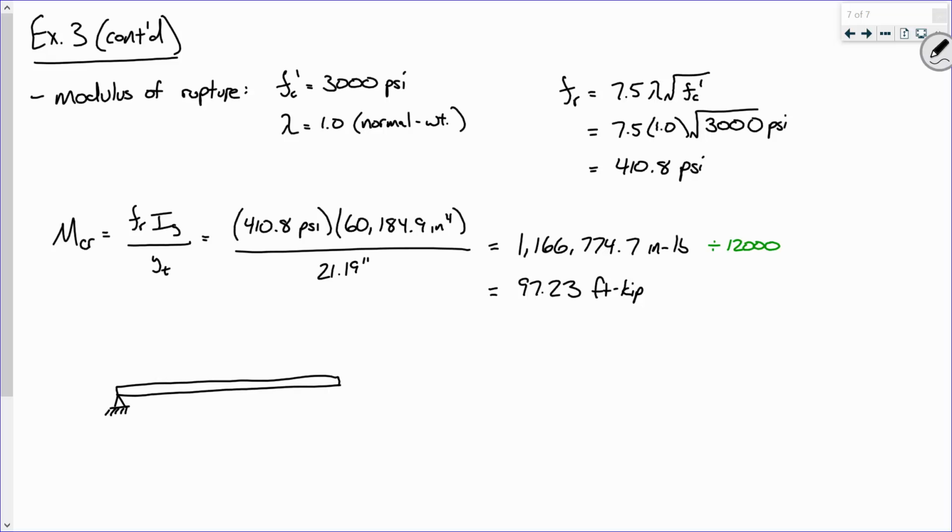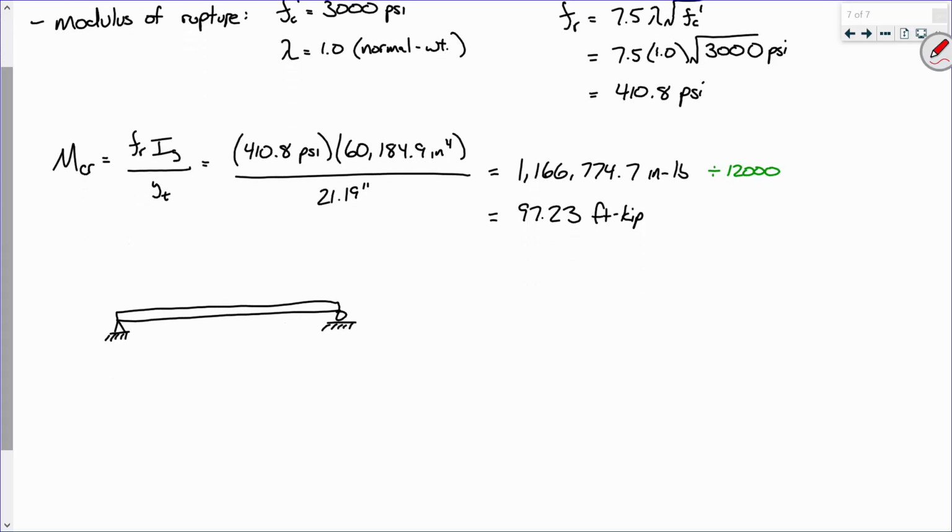You're already done with it. We have some load on it. We'll call that WCR, the load that causes cracking, let's just say. And the beam is 24 feet long.